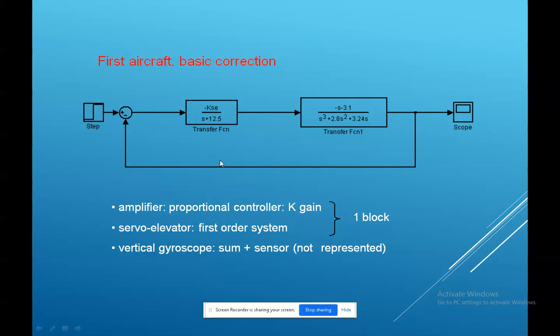Each and every block has a separate transfer function, given here. The output of the servo elevator is given as feedback to the input side. The input side is the vertical gyroscope, which sums the feedback signal and the input signal.